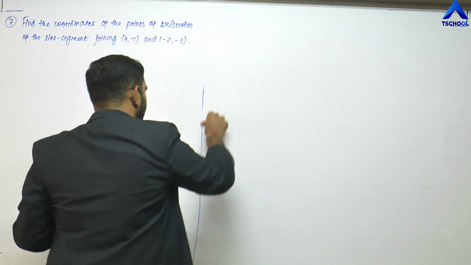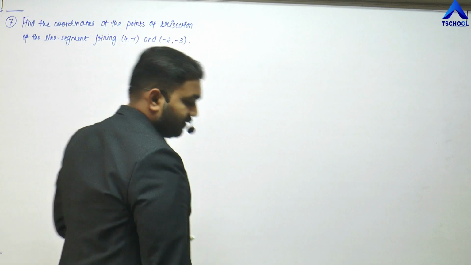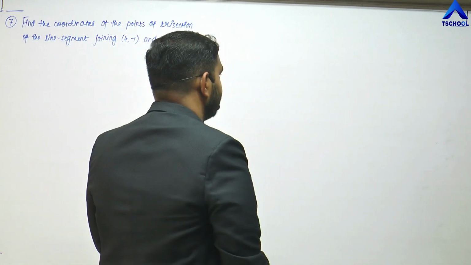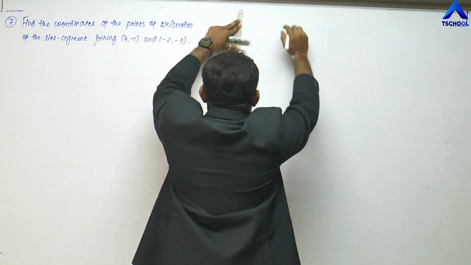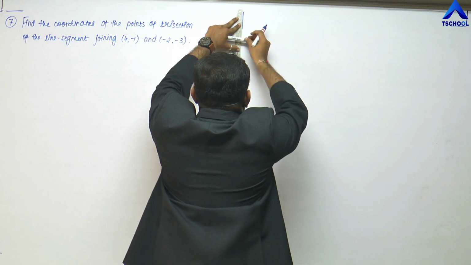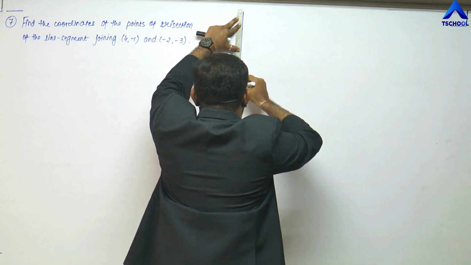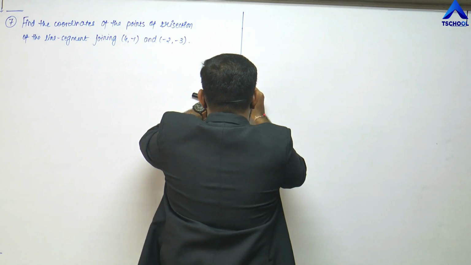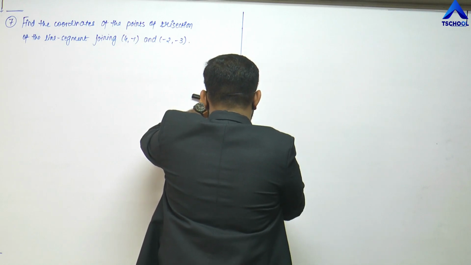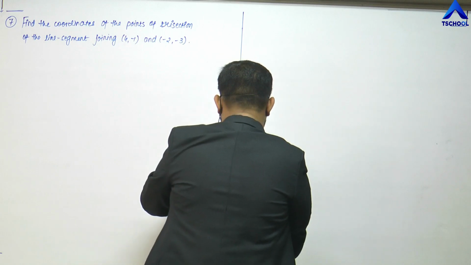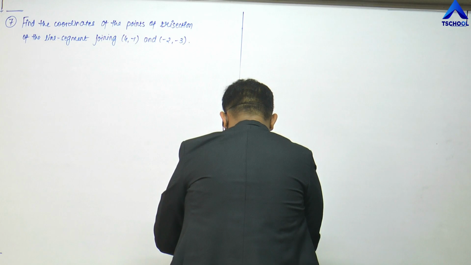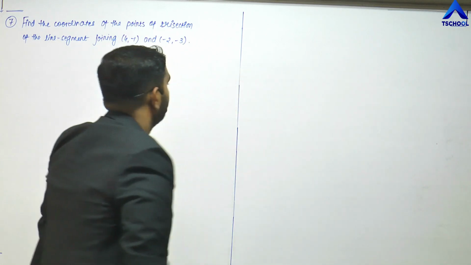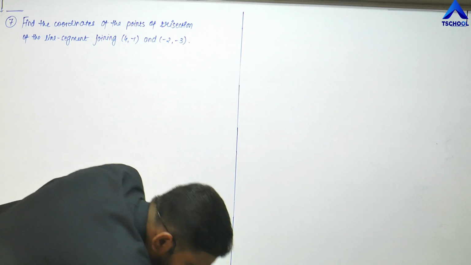The point of trisection simply means that the line segment is divided into 3 parts. Okay, so let me draw a line here.